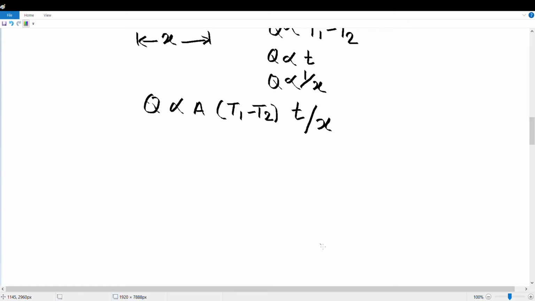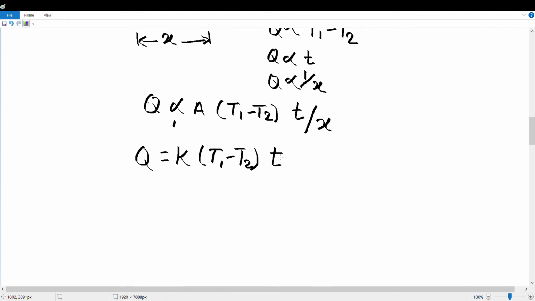The constant of proportionality is K, and this is known as the coefficient of thermal conductivity.